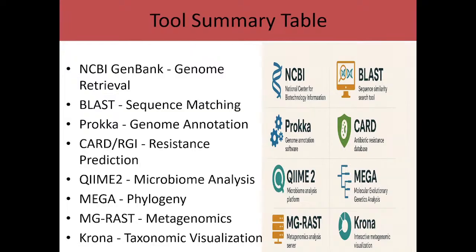Summarily, as a bioinformatician as well as a microbiologist, you should be abreast with some of these bioinformatics tools like NCBI. You should know how to use NCBI by now. You should be able to BLAST, that is, you can do sequence matching. You should know Prokka, the tool we use for genome annotation.